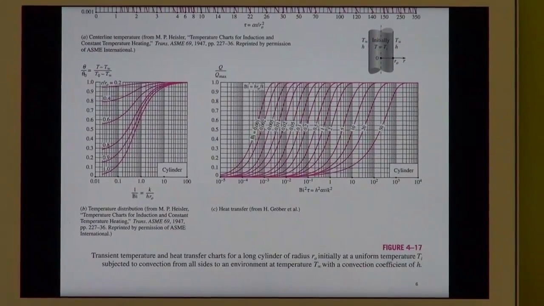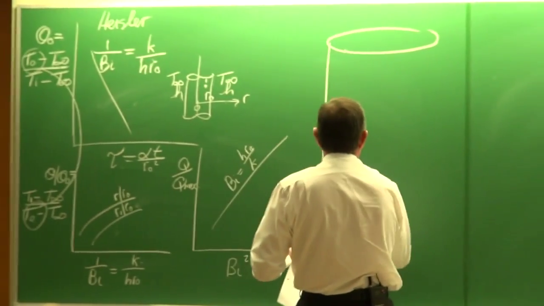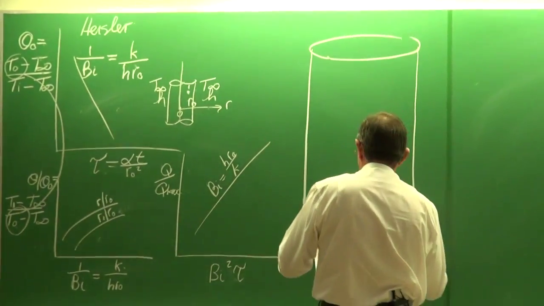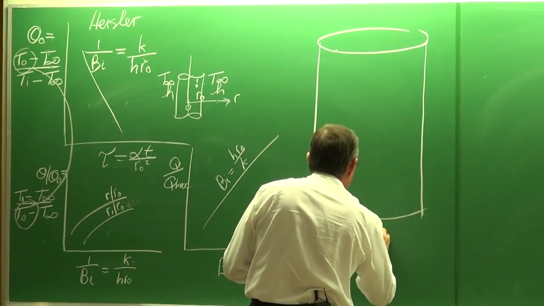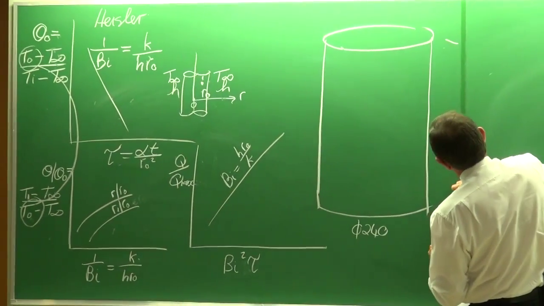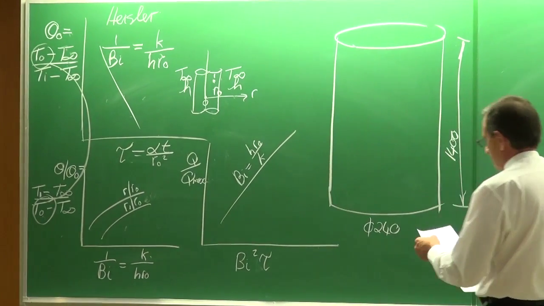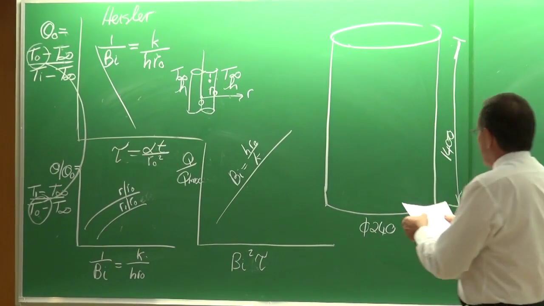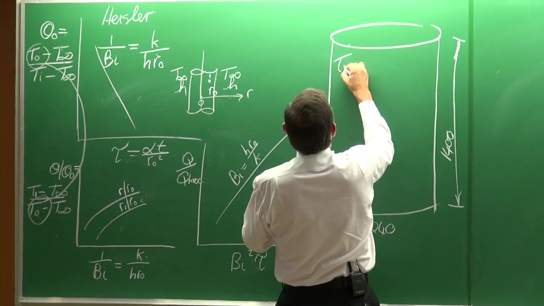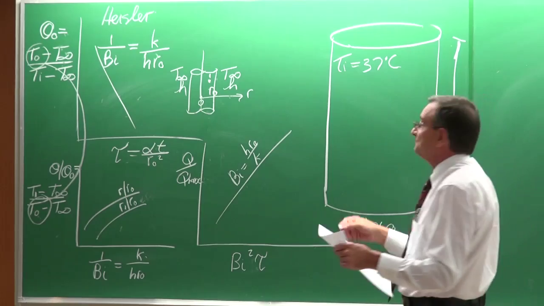Let's go back to the previous problem that we did in terms of the beef carcass. We have said we can assume it's a cylinder, and the diameter is 240 millimeters, and the height was 1.4 meters. It was given to us that the initial temperature is 37 degrees Celsius.